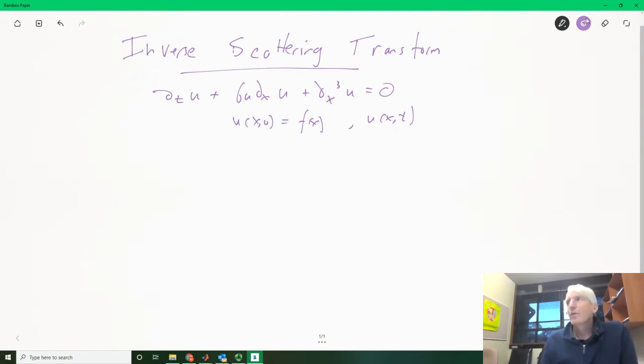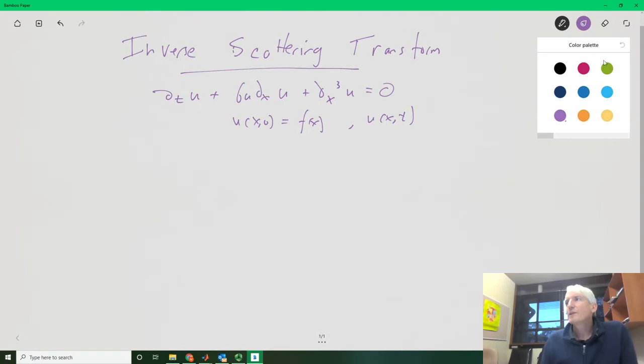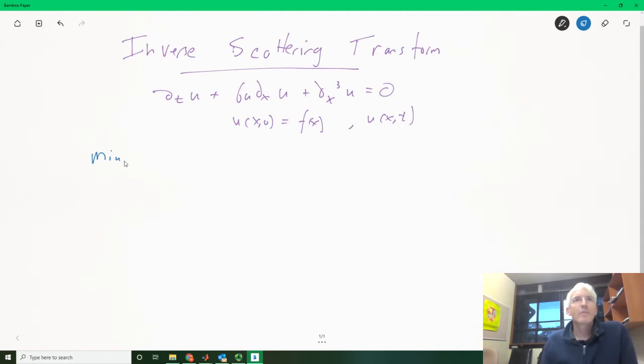All right. So, we saw before this transformation that's super important, and this is the Miura transformation. What this does is, we saw before that u is equal to minus v squared minus dx v.